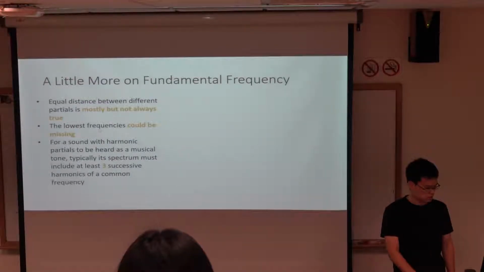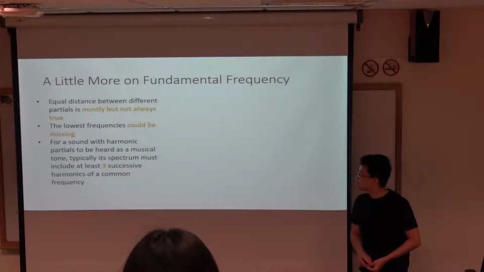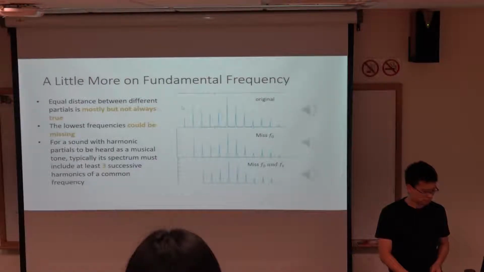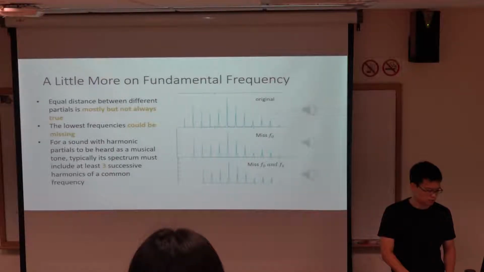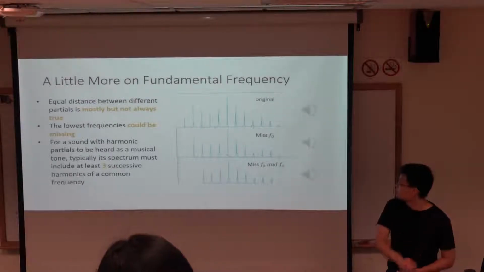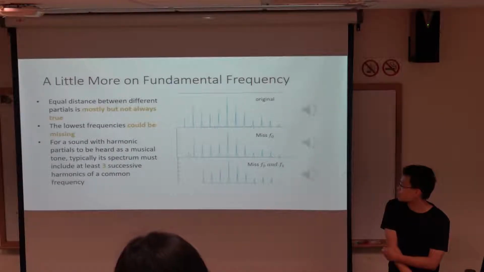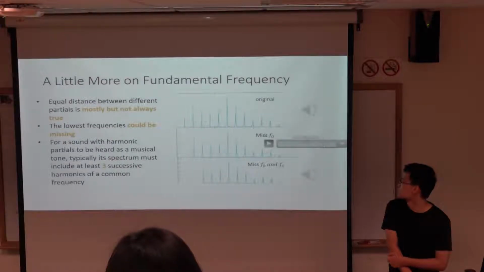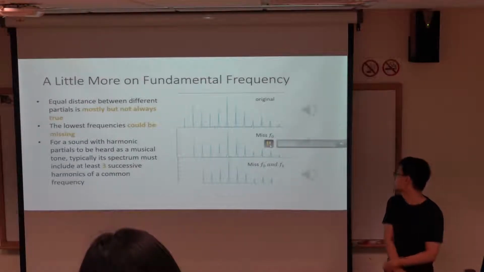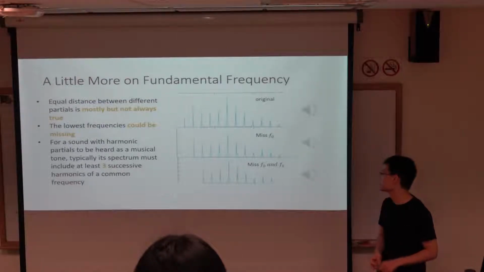Okay, the second point is the lowest frequencies could be missing. Let's give an example here. This is the original oboe sound. Right, this is the spectrum. And if I eliminate the first frequency here, let's listen to it again. There isn't so much difference, right?